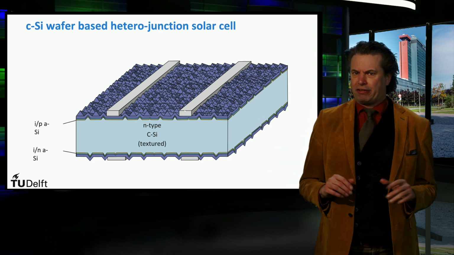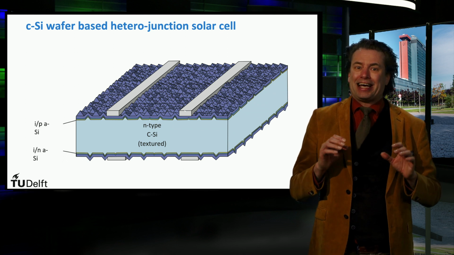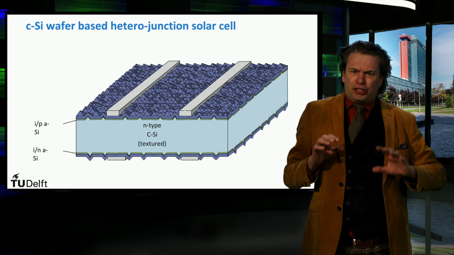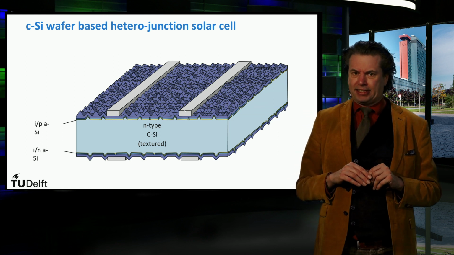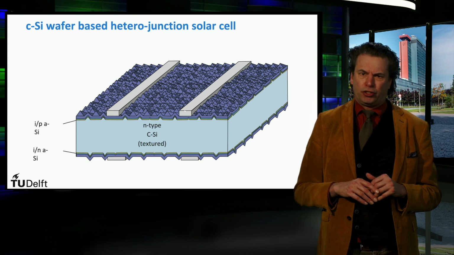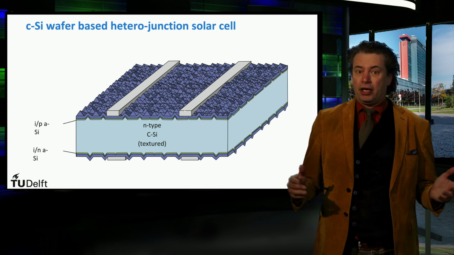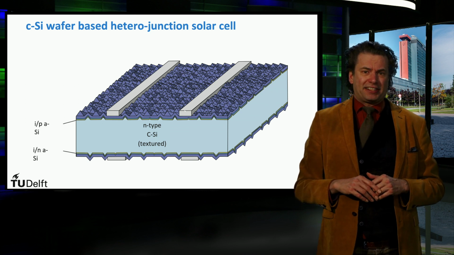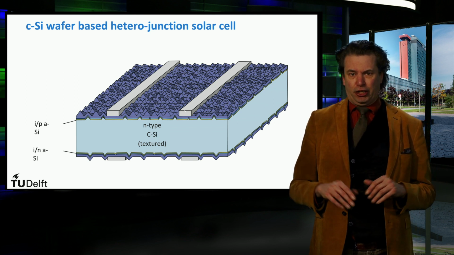An important advantage of the heterojunction solar cell is that the amorphous silicon layers are deposited using cheap and straightforward plasma-enhanced chemical vapor deposition technology at low temperatures, not higher than 200 degrees Celsius. This means that making the front surface and the back field in this type of solar cell is very cheap.